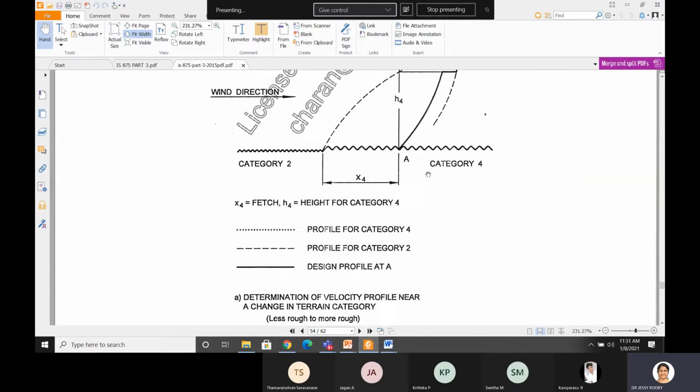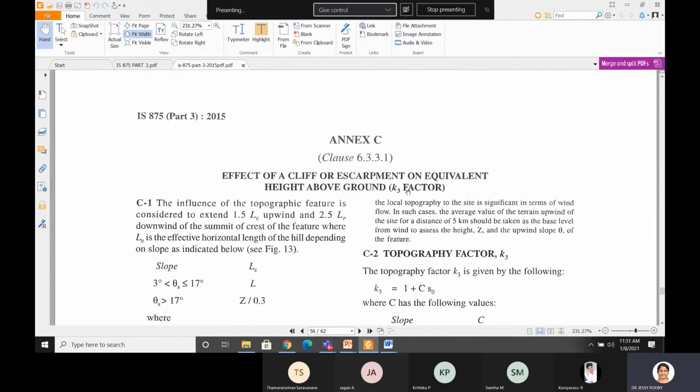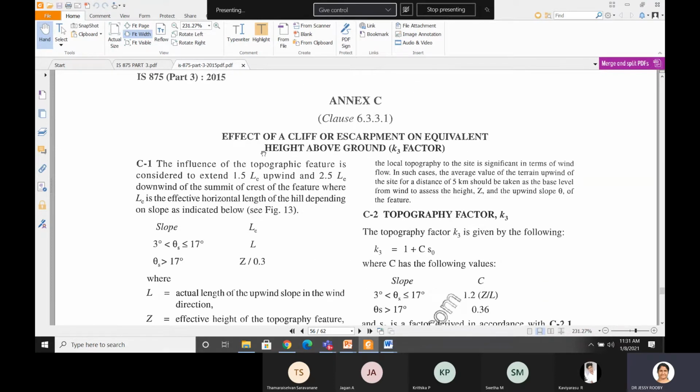Annexure B or C, maybe C. Annexure C. See, Annex C, you can see the effect of a cliff or escarpment on equivalent height above ground, K3 factor. How to calculate the K3 factor if the slope is greater than 3 degree, between 3 degree and 17 degree? You can see an equation here.